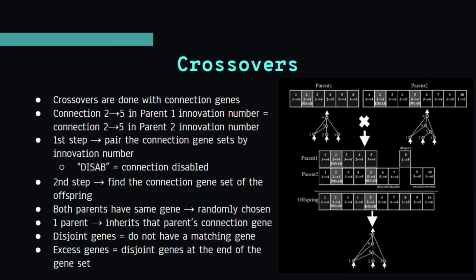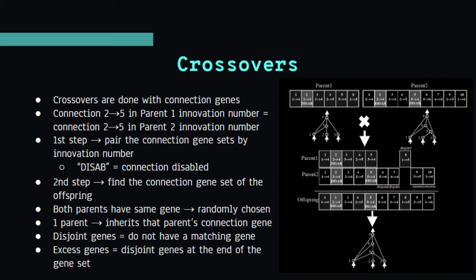If you look at connection genes 1 through 5, both parents have those connections with the same innovation numbers. So it's going to randomly choose between those genes. The offspring is going to randomly get a gene from either parent 1 or parent 2 for genes 1 through 5.